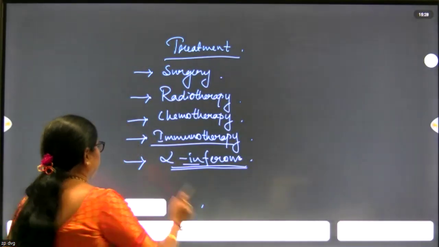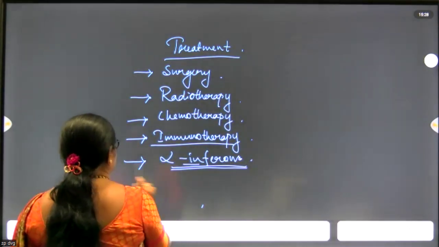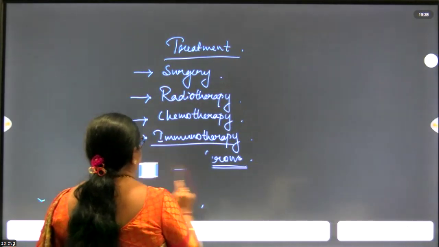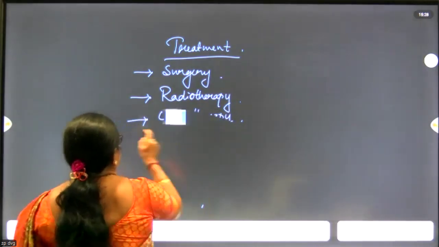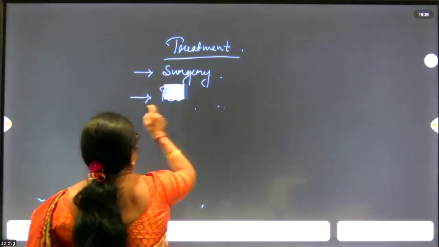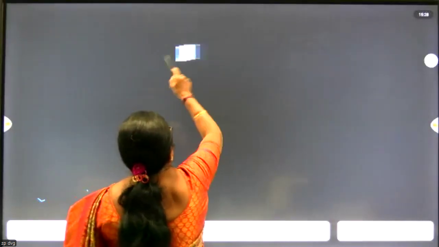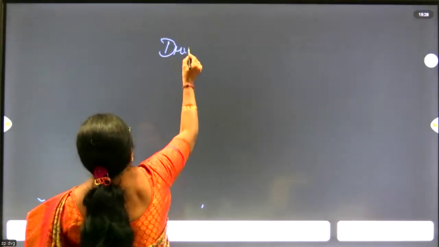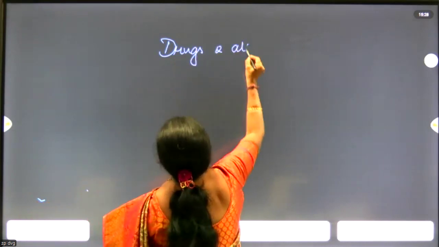Next, after cancer, let's understand something about drugs. Drugs and alcohol abuse.